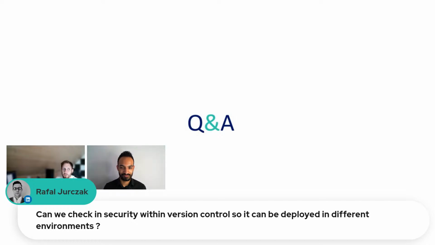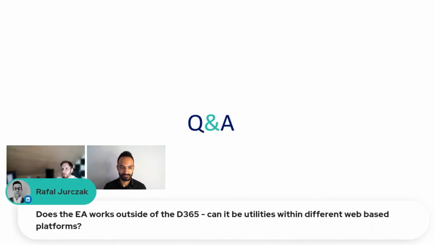And due to the fact that we are operating on the standard of the system and the standard of table security generation, there is no possibility for this. These security roles and duties and security setups that we create are no longer part of the AOT. They are part of the tables itself.